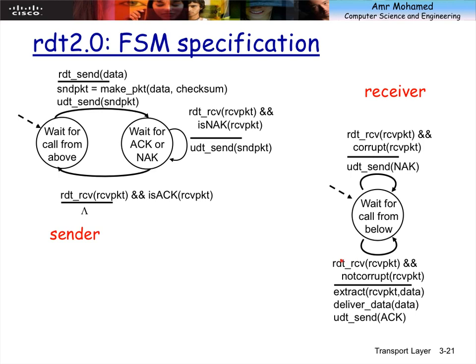You see that here RDT send is received as an event, RDT receive. In any case, this is just a terminology. It's just a naming convention. In any case, if you put this in the exam, I will not pick on that. There's no problem with this. The important thing is the concept itself.